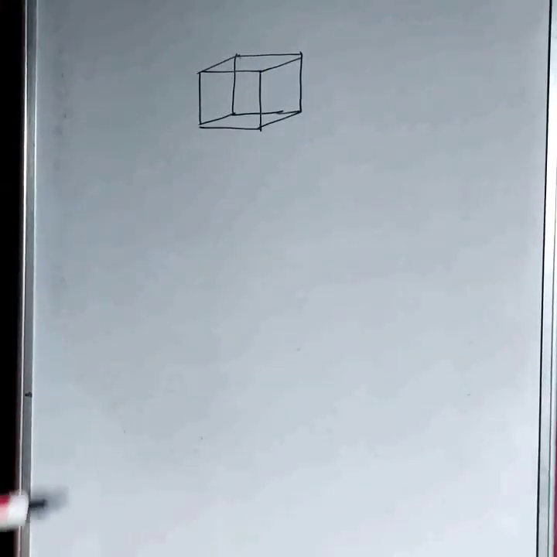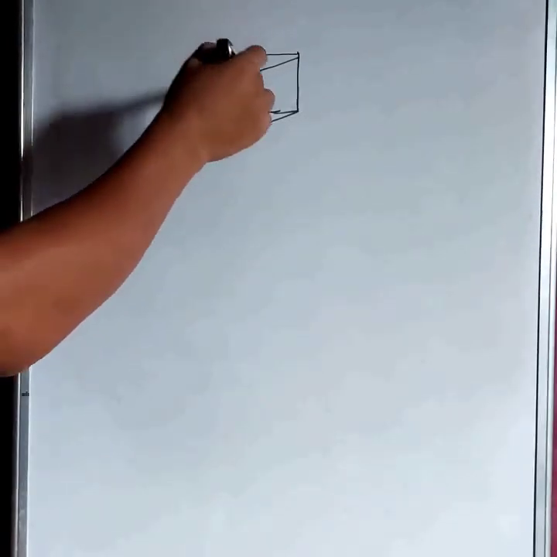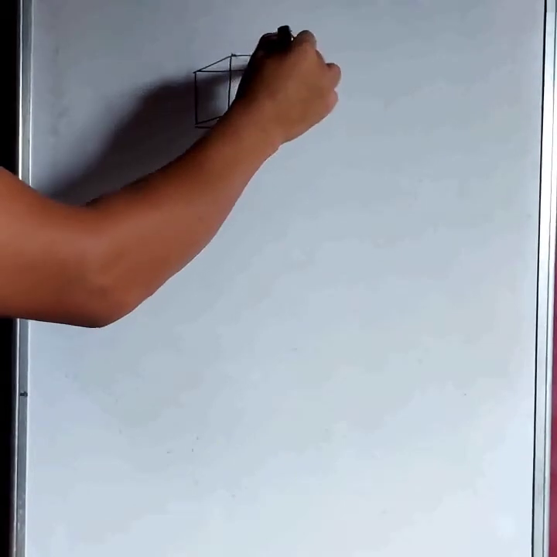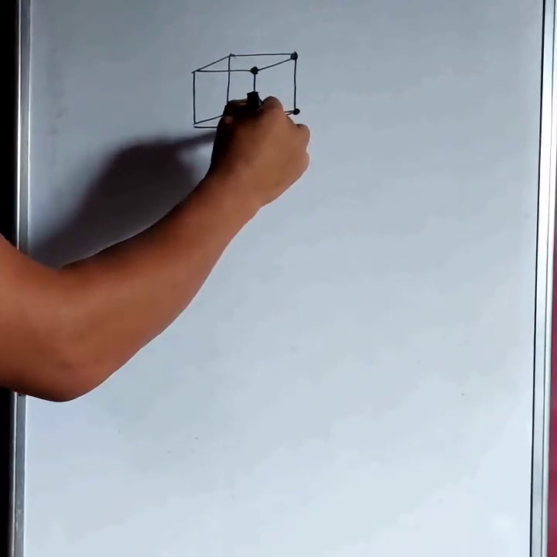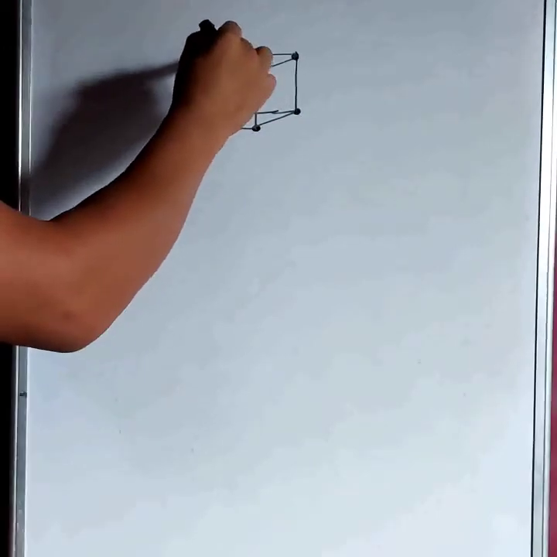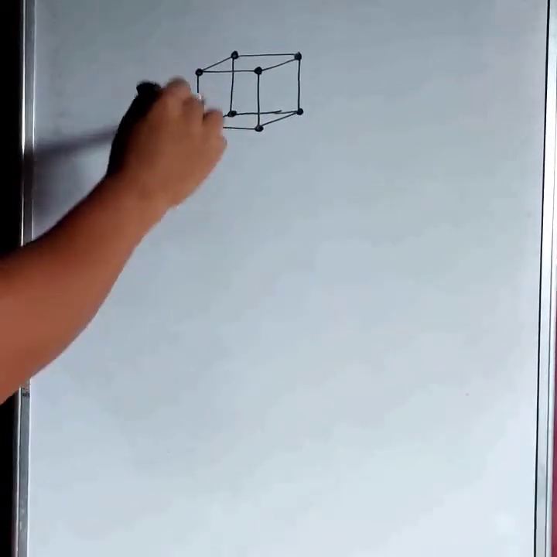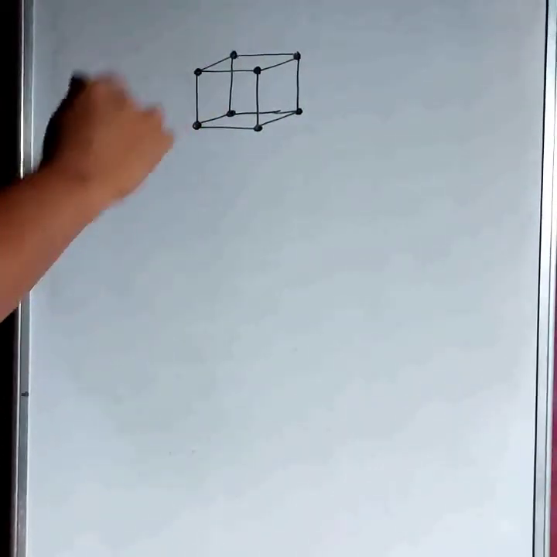Now we'll turn our focus to a simple cube. In the simple cubic system, we have 8 atoms that occupy the corners. That means these are the lattice points in this cube.